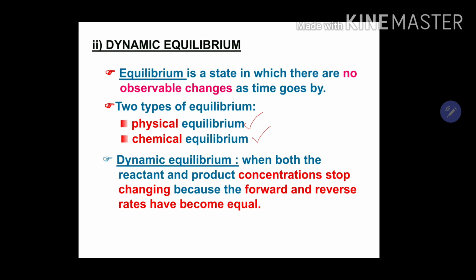Dynamic equilibrium is a state when both the reactant and product concentrations stop changing because the forward and reverse rates have become equal. So, the rate of forward reaction is equal to the rate of reverse reaction.